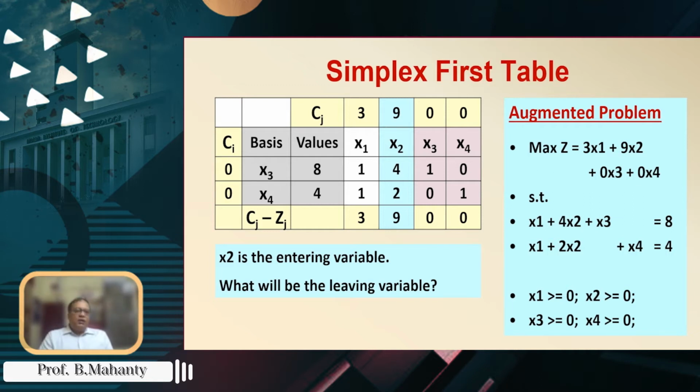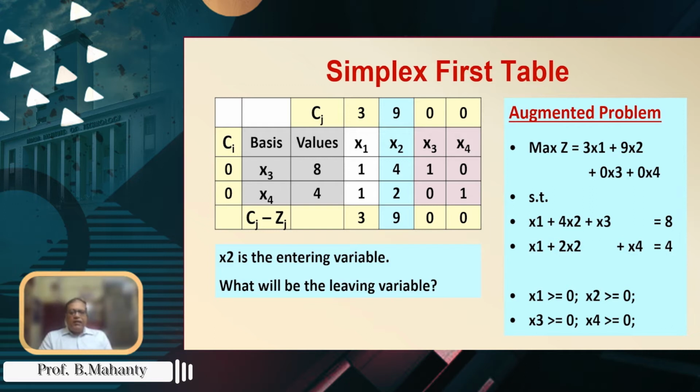So whenever we have a tie in the leaving variable, two resources get exhausted at the same time. That means both are bottleneck resources. So if both are bottleneck resources, what is going to happen? In the next table, we are going to get a 0. So that means the degeneracy will be obtained. So how to predict a degeneracy?